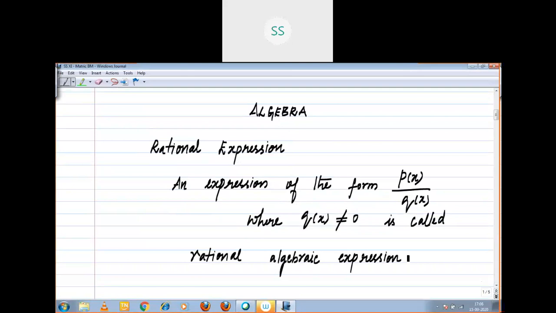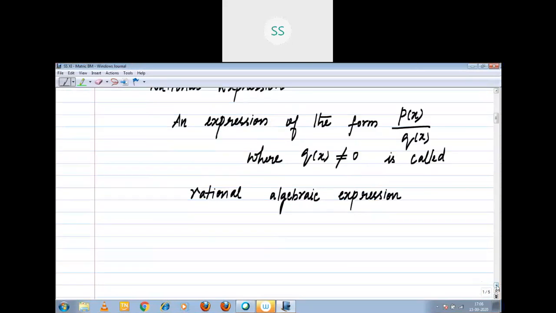Then you people learned what is a proper fraction. Proper fraction means the numerator is less than the denominator. Here we are going to discuss in terms of algebra format, the degree of the numerator.